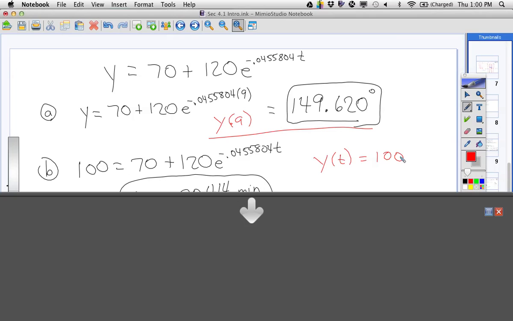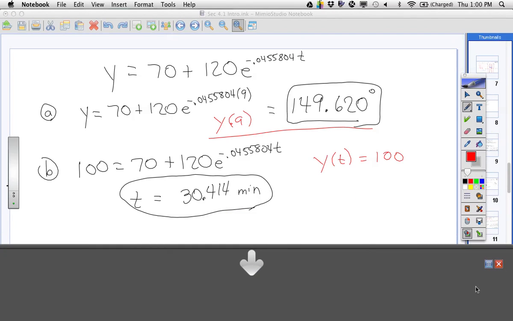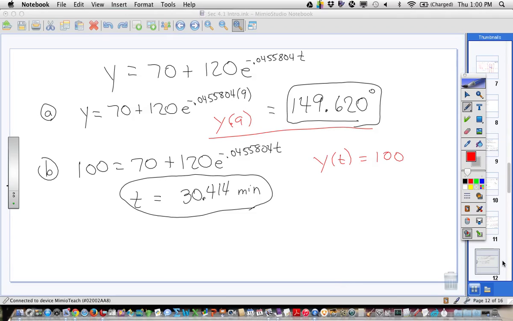You're solving that equation. Because remember, on the AP test, if you use your calculator to solve an equation, you have to have the equation written on your paper that you're solving. But this would do it. If you've already defined Y, that would communicate that. All right, and I think I got something like 30.414 minutes.